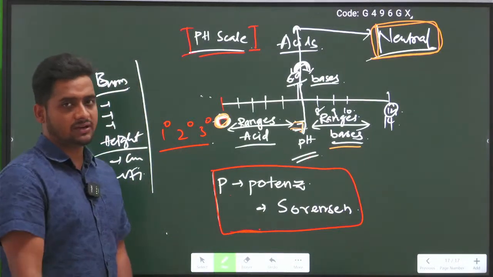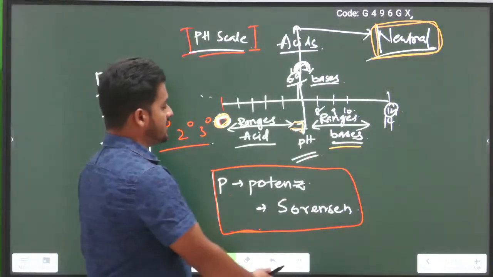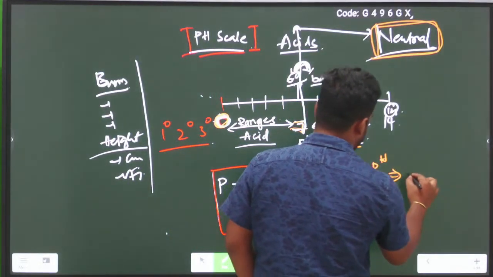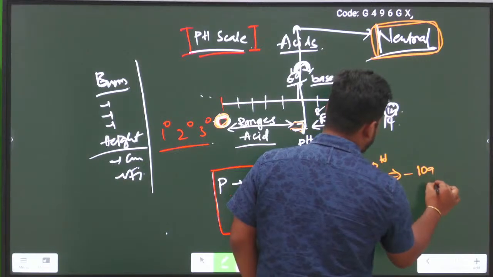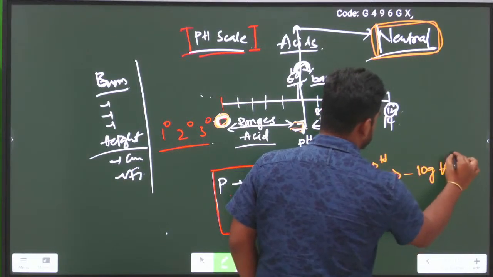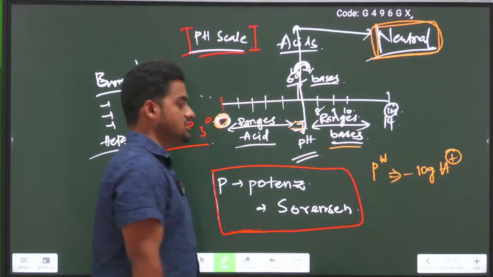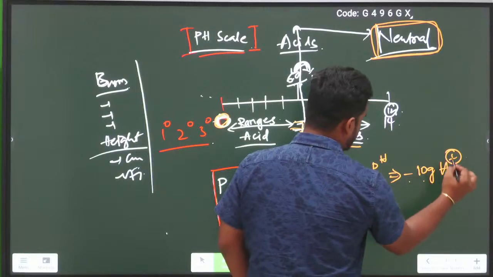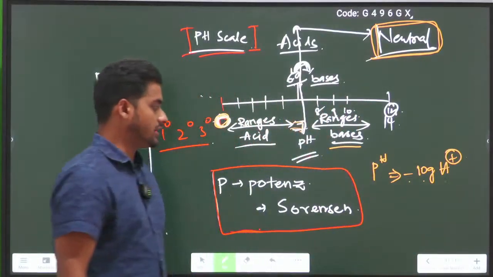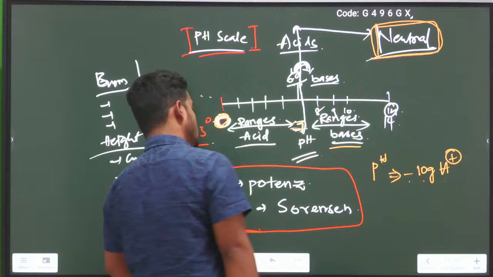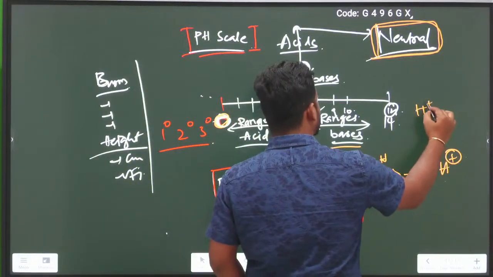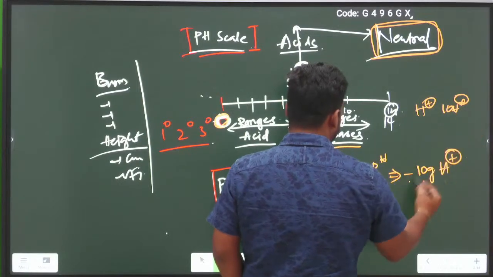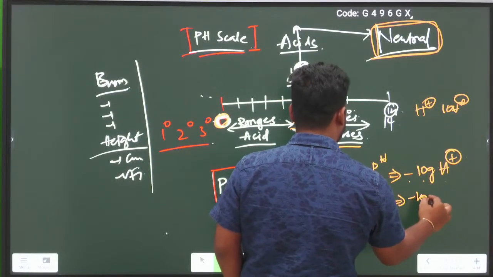In mathematical terms, pH scale is nothing but the negative logarithm of H plus. What does negative logarithm of H plus mean? Suppose you have 10 H plus ions, then you substitute negative log of 10.